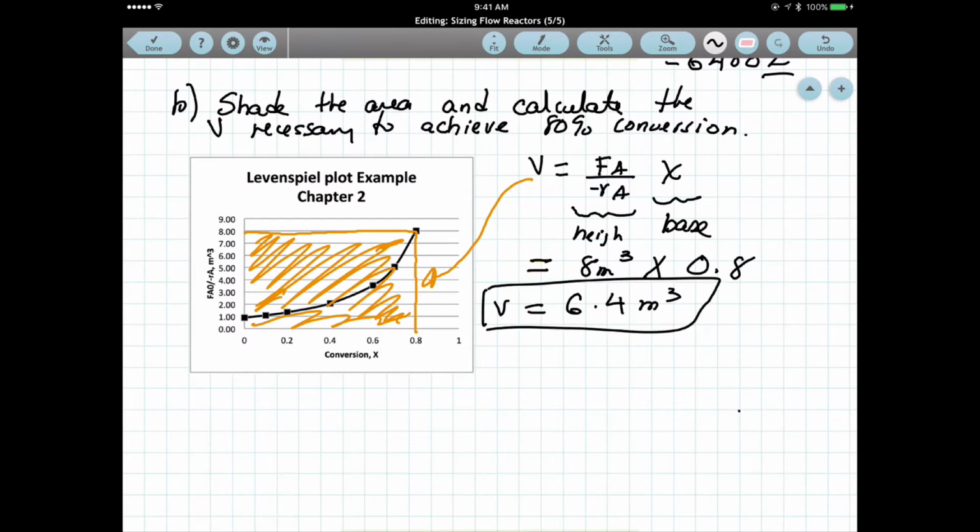So it doesn't matter what information we have, we should get to the same result. It will depend on the available information. This procedure shows how powerful the Levenspiel plots are if we have them available, and how easy it is to calculate the volume just by understanding the meaning of the area of that rectangle.